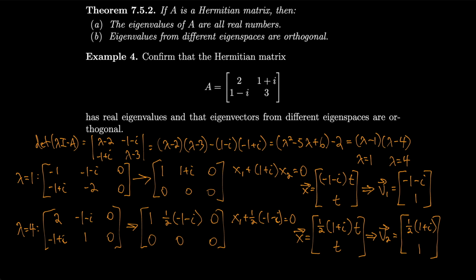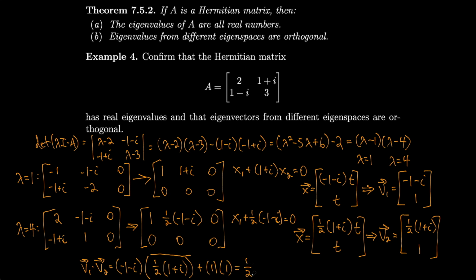Okay, let's take the dot product now to show that they're orthogonal. So we take v1, dot it with v2. We'll take minus 1 minus i times half times the conjugate of 1 plus i, because we have to do the conjugate for the dot product when it's complex, plus 1 times 1.